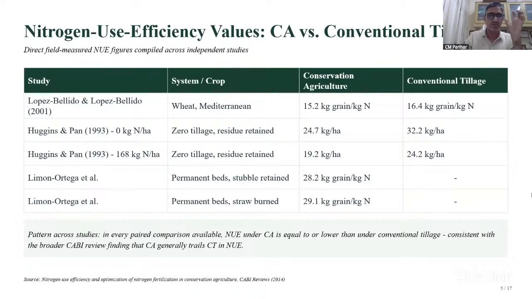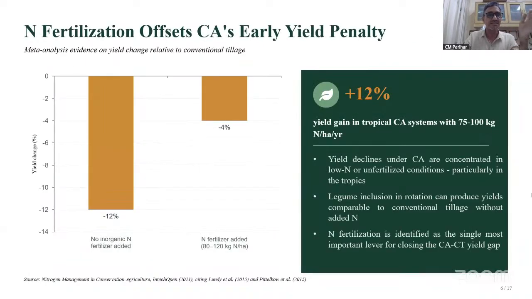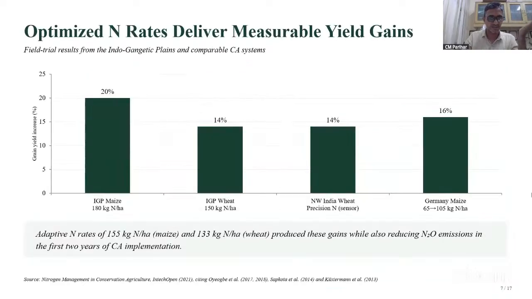So many factors play a significant role in nitrogen use efficiency. And this is about the N fertilizer offsetting the early CA yield penalty that I already explained. Sometimes we have to apply this additional dose as well.